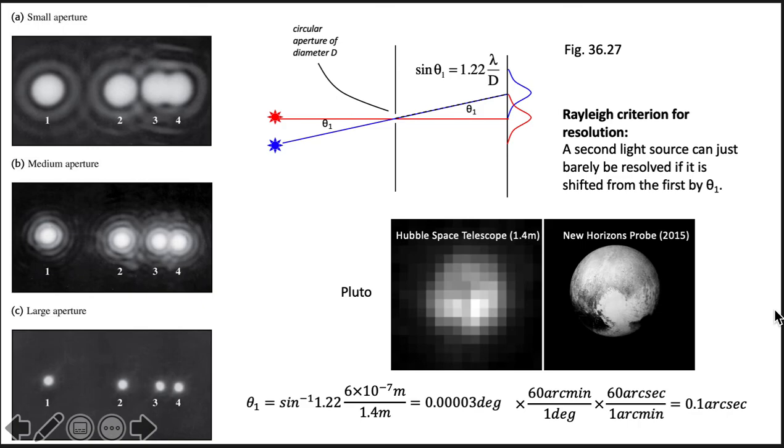So that is the diffraction limited resolution of the Hubble Space Telescope. That means the laws of nature don't let it do any better than that, no matter how carefully the surfaces are designed and built.